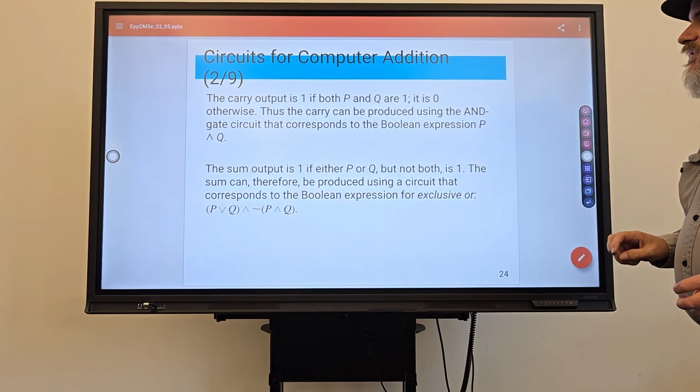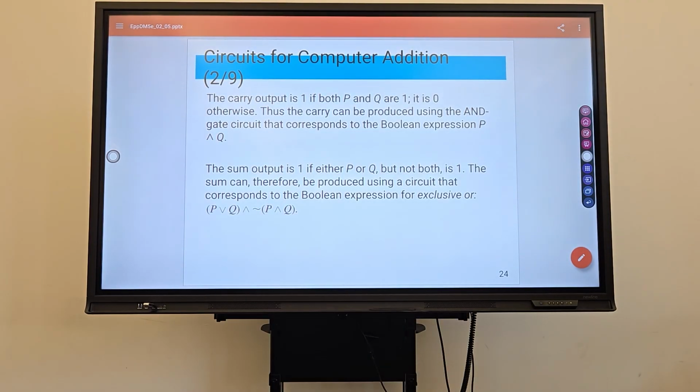The carry output is 1 if both P and Q are 1, it is 0 otherwise. Thus the carry can be produced using the AND gate circuit, which corresponds to the Boolean expression P and Q. The sum output is 1 if either P or Q, but not both, is 1. The sum can therefore be produced using a circuit that corresponds to the Boolean expression for exclusive OR.